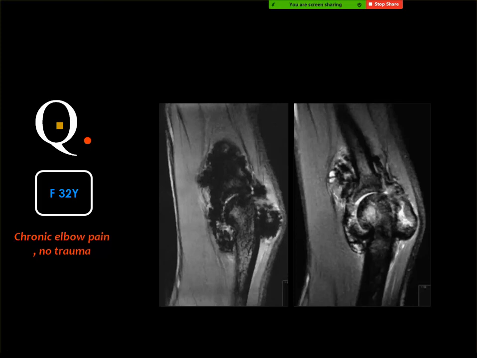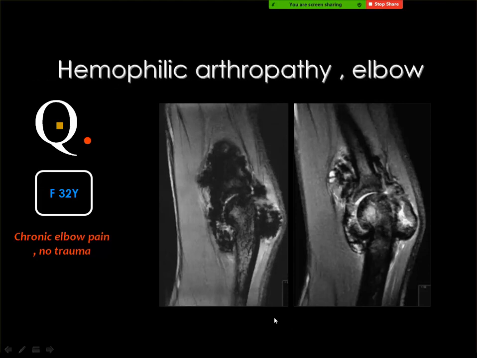Is what? This is the elbow joint, and you got extensive low signal lesions within the capsule. Pigmented villonodular. Yes, there are two possibilities here: the hemophilic arthropathy and the pigmented villonodular synovitis.